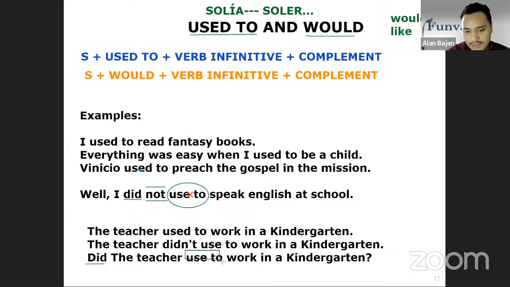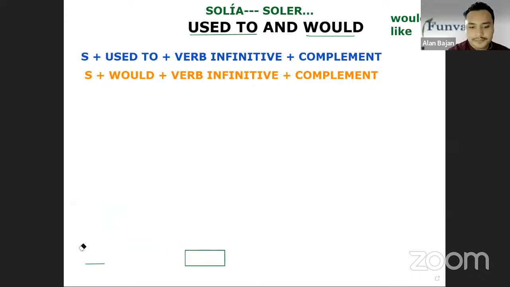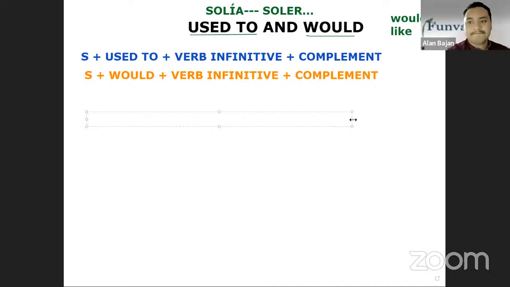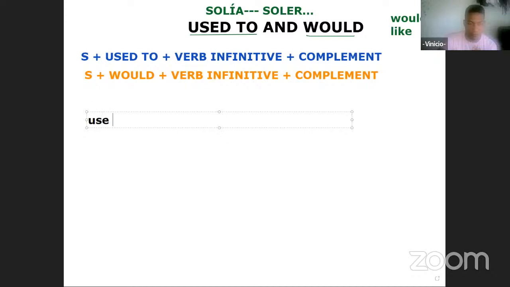In the same case, I use it without past tense. And the rest is the same. Vinicio? Also, when we use the negative form, we use use to without ed. Negative and interrogative.